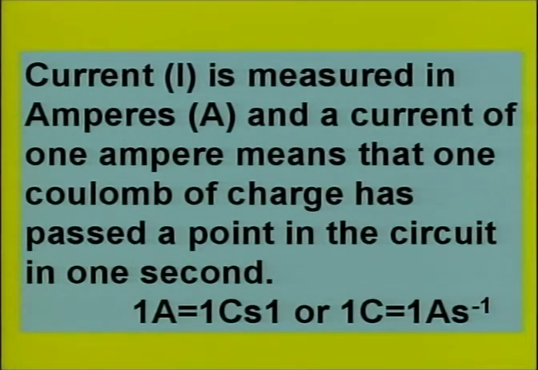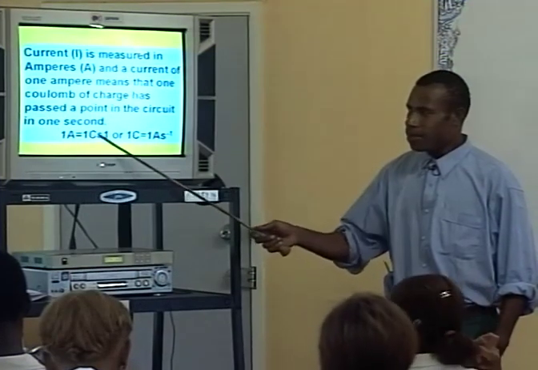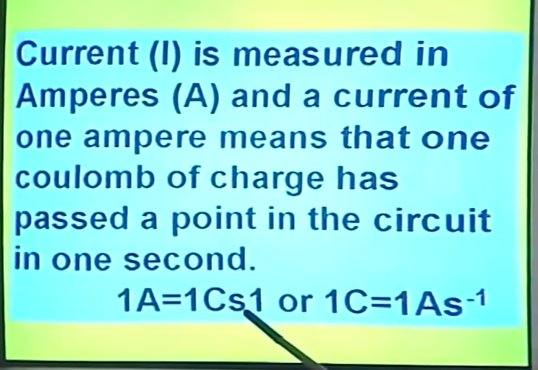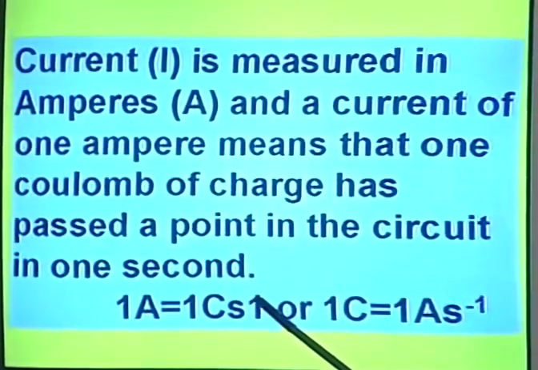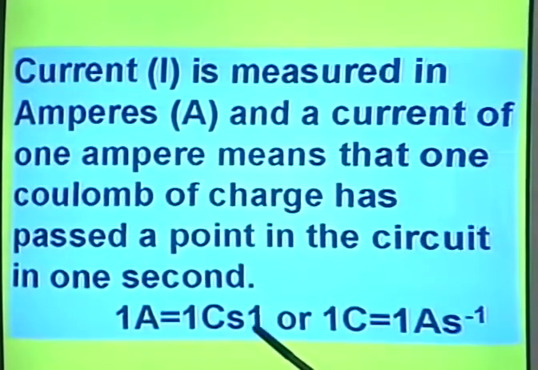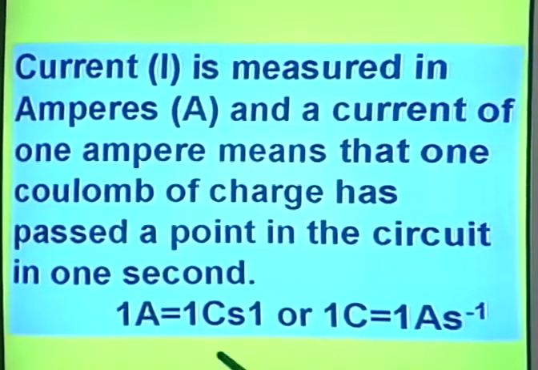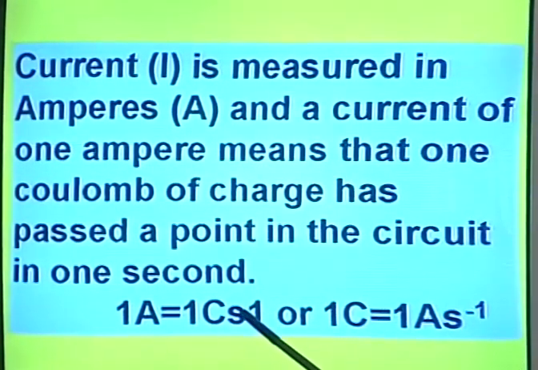Okay, I'll quickly go through the correction. This one should be coulomb second^-1, or coulomb per second.